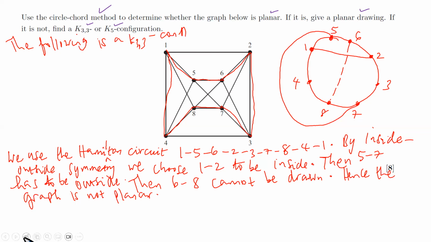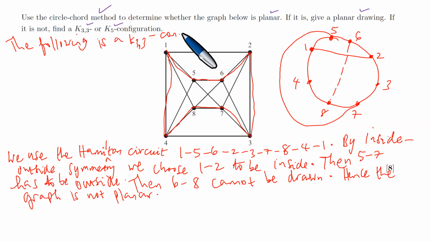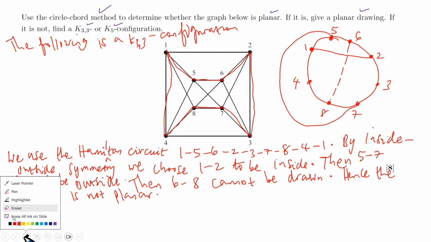The K33 configuration of the graph. Let's see what this one is.